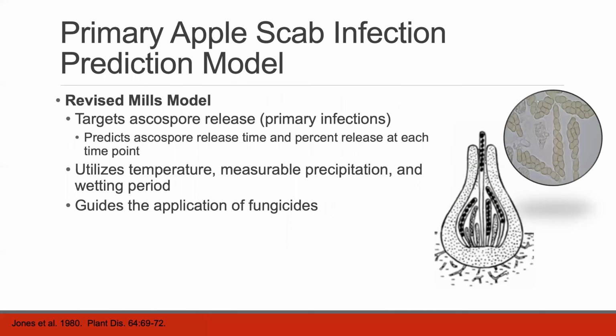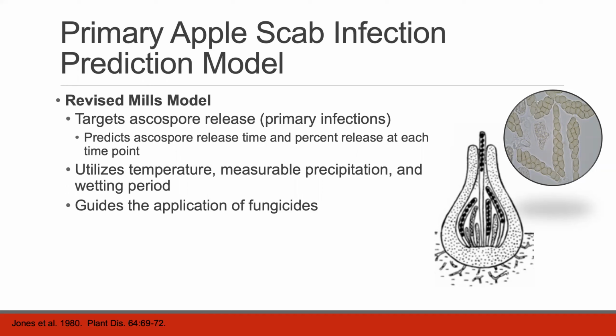The most well-known primary apple scab infection model is the revised Mills model, which predicts the timing of ascospore maturity and release of ascospores. The Mills model was first published in 1944 and modified in 1980 by Jones et al.